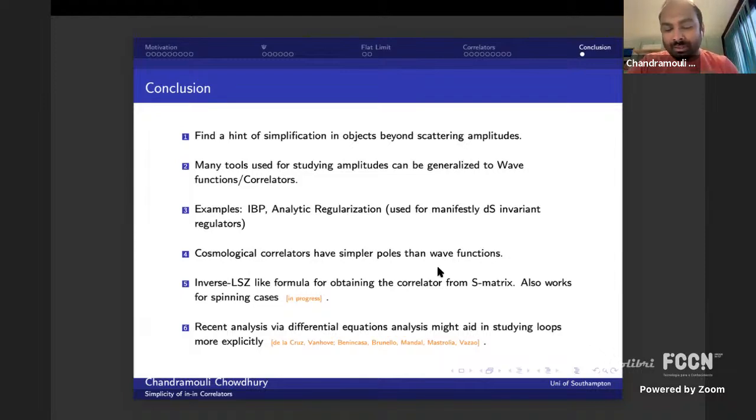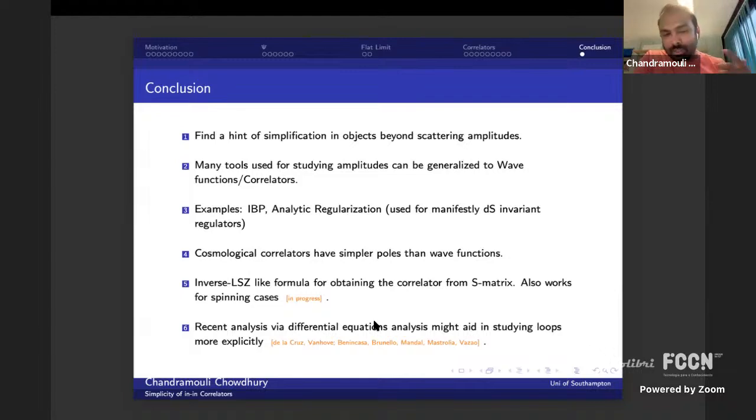Good. And the other conclusion we have is that this inverse LHC-like formula that I just described helps you evaluate some object in curved space from an object in flat space. And this also works for spinning cases. It seems to be working at least for Yang-Mills theories and so on.